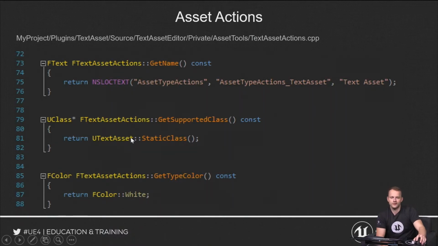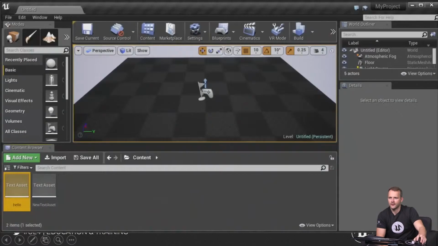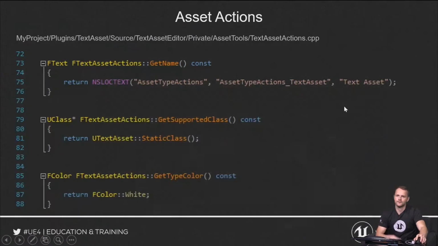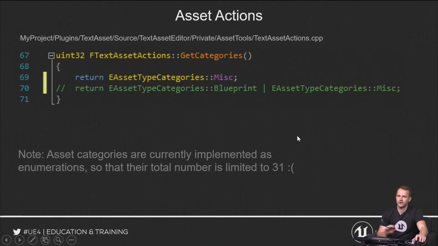You have to implement this, otherwise the editor won't know which type of asset to customize. And then here on the bottom, we return the color of the asset thumbnail, which in this case is just white. That's why we have a little white bar here on the bottom. All right, those are pretty straightforward.